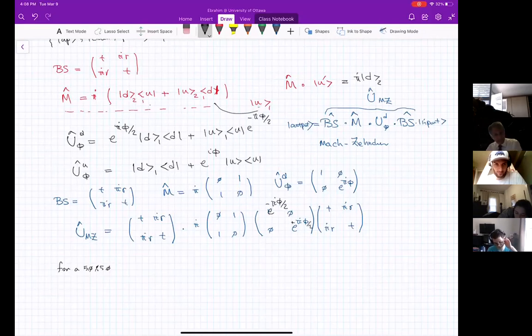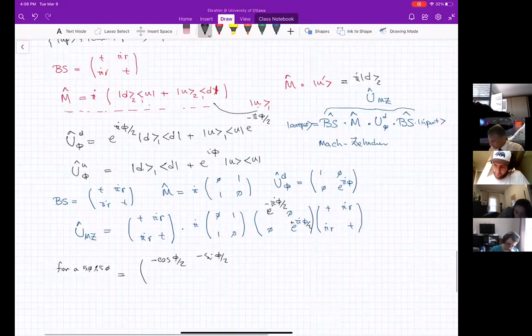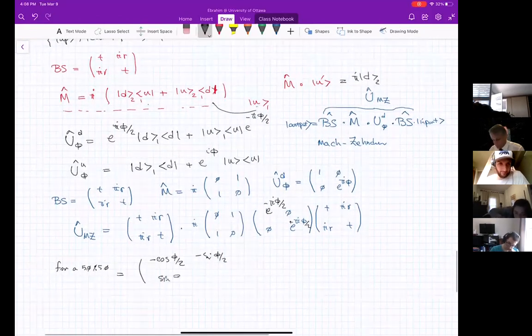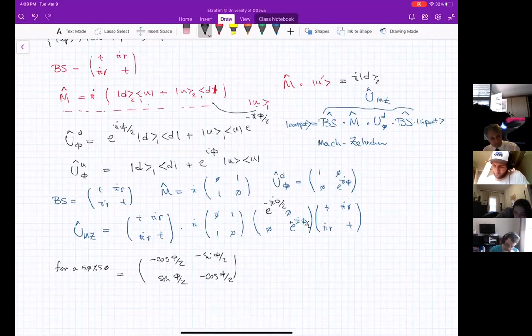Then for the 50-50 beam splitter, U of Mach-Zehnder is given by this quantity times the matrix: minus cosine of phi divided by 2, minus sine of phi divided by 2, sine of phi divided by 2, minus cosine of phi divided by 2. Are you good? Excellent.